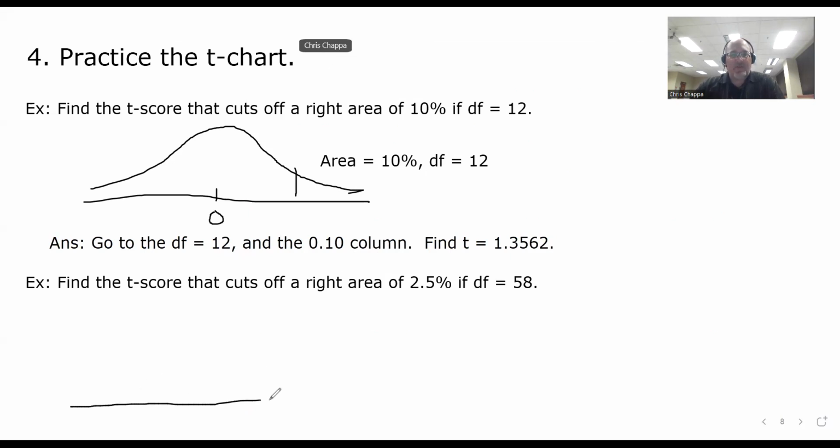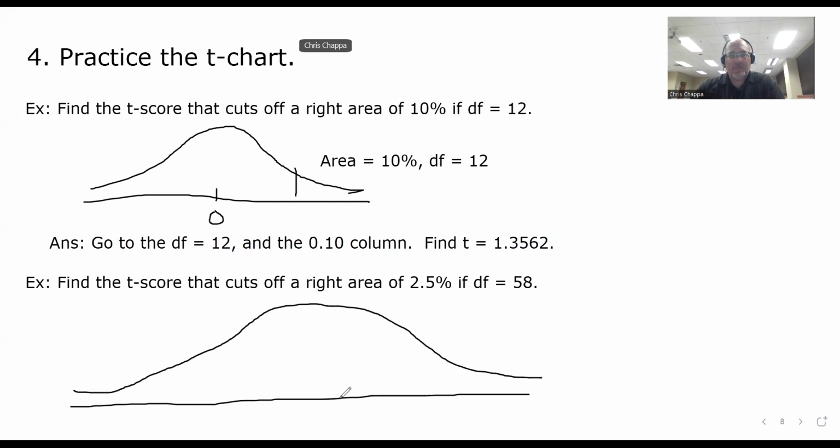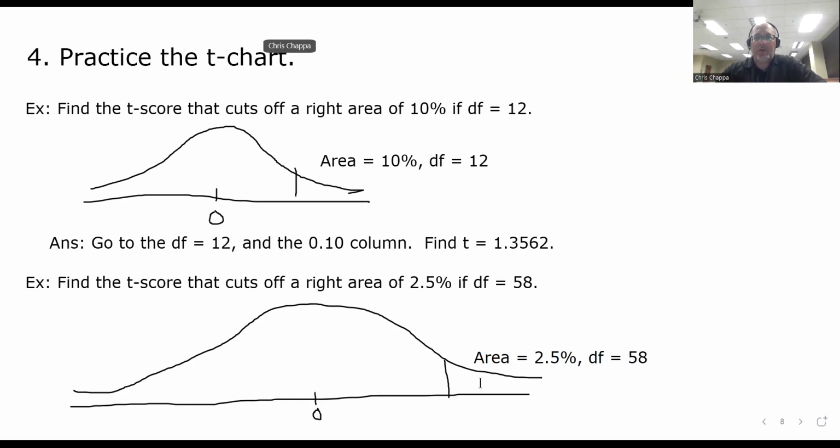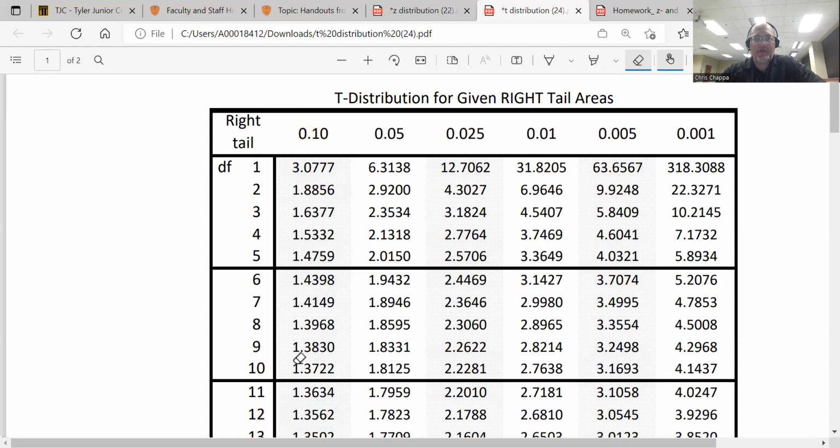Find the t-score that cuts off a right area of 2.5% if the degrees of freedom is 58. Okay, 0 in the middle. Right area is 2.5%. Area equals 2.5%. Degrees of freedom equals 58. So we just have to go to the correct column and the correct row. The correct column will be the third one, 2.5%.